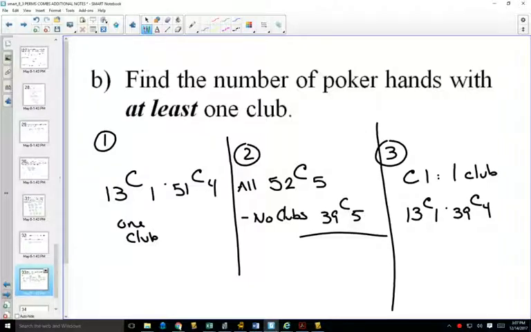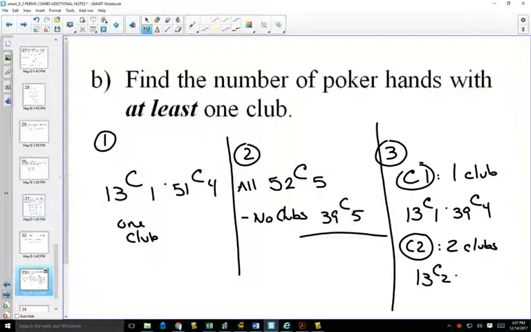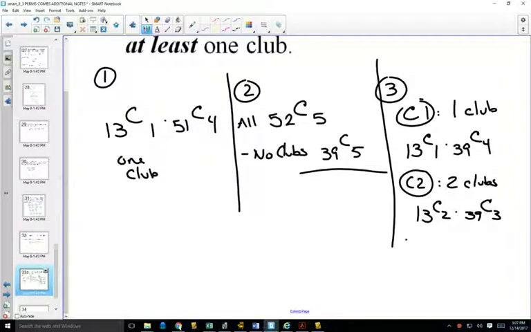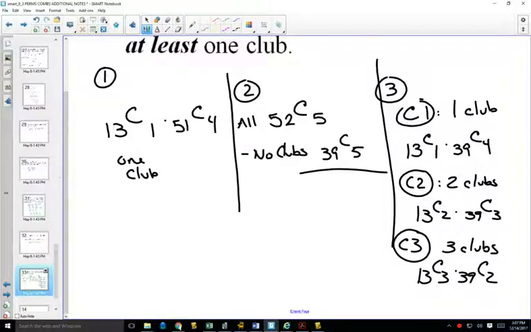And then I'm going to have to do case 2, with 2 clubs. So I have 13 clubs. I choose 2 of them. And from the other 39 cards left, I choose 3 more. Case 3. This one's a long one, but I picked 3 clubs, so I have 13 clubs. I choose 3 of them. And from the 39 left, I have to choose 2 more.